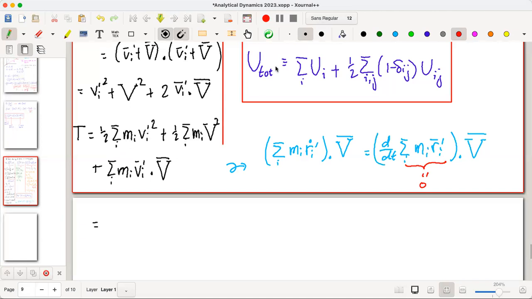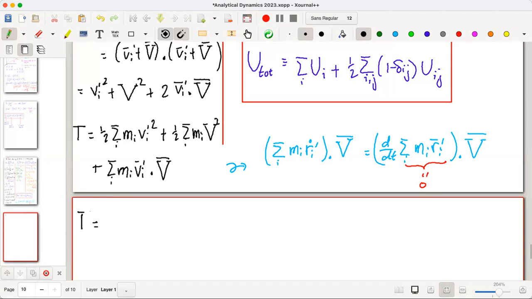And now you can see that the first is not zero, because this is vi prime squared. So inside the summation, we squared the ri prime dot. So it's not necessarily zero. We don't have any theorem to support that this is zero, unlike the case here, where we proved that this is zero. But for this one, this is not zero.